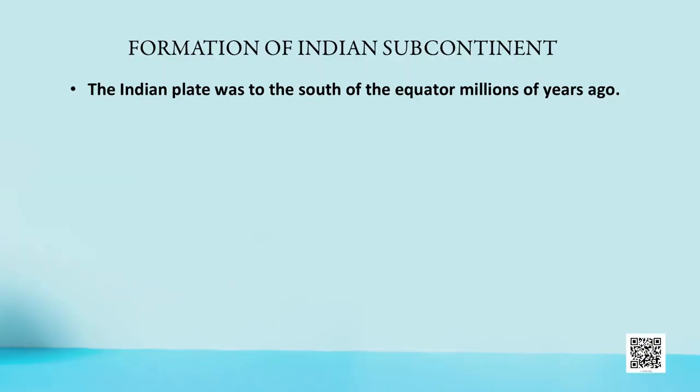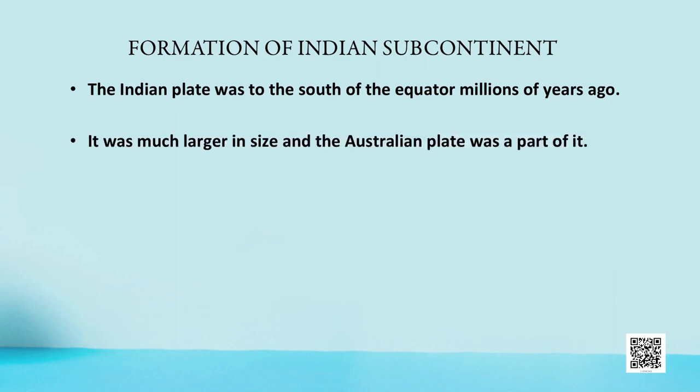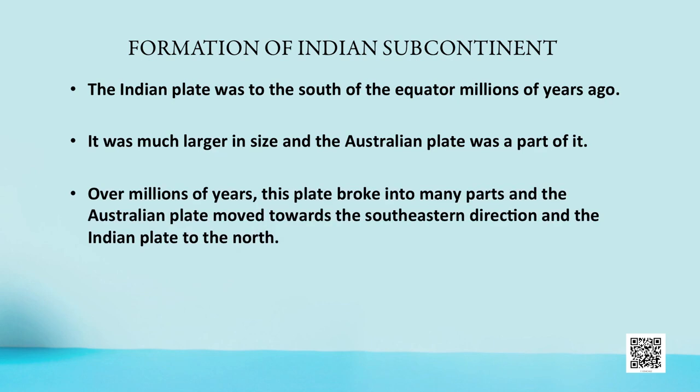Now, when we talk about India, the Indian plate was to the south of the equator millions of years ago. It was much larger in size, and the Australian plate was a part of the Indian plate. Over millions of years, the plate broke into various parts, and the Australian plate moved towards the southeastern direction, and the Indian plate started moving towards the north.